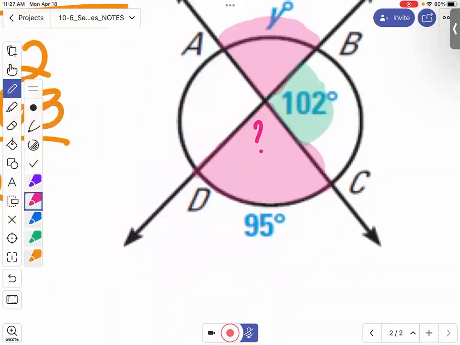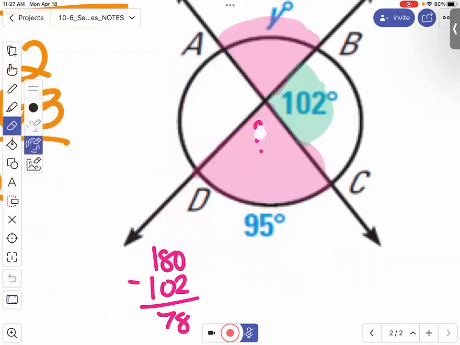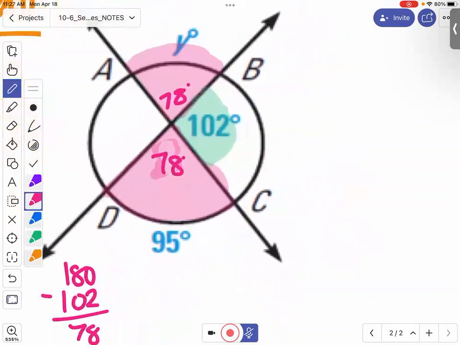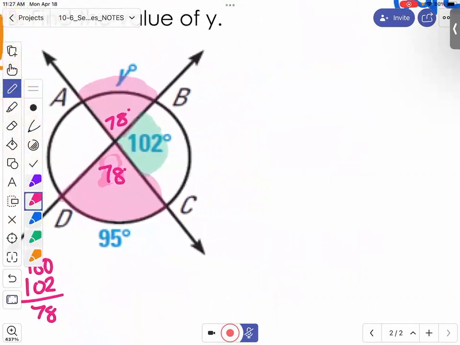So I should be able to take my total of 180 for a line minus that 102, and I have 78. There's my missing angle measure. So now if I have 78 in the bottom section, I get it at the top. Now I have that angle there, and we can now solve for this arc.